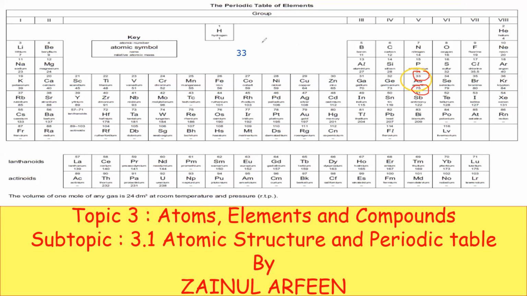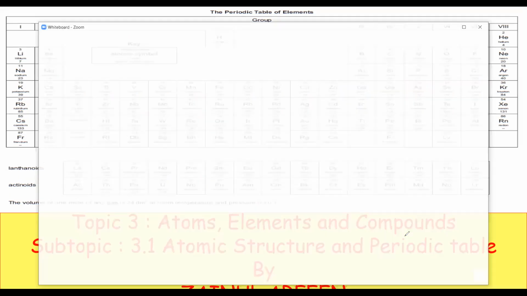So using a periodic table, you can work out the atomic number, and the number of protons, neutrons, and electrons. Then after finding the total number of electrons, protons, and neutrons, the arrangement of electrons in an atom is also called electronic configuration.